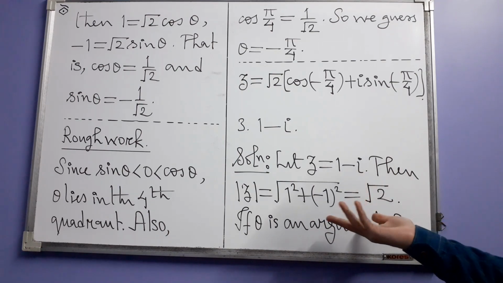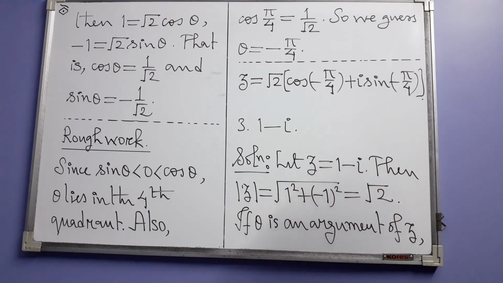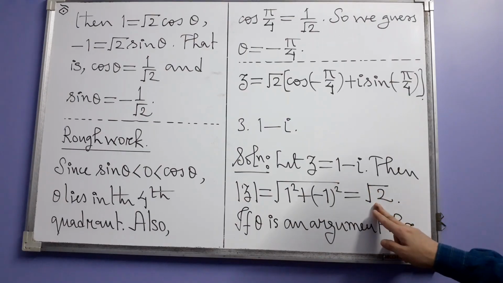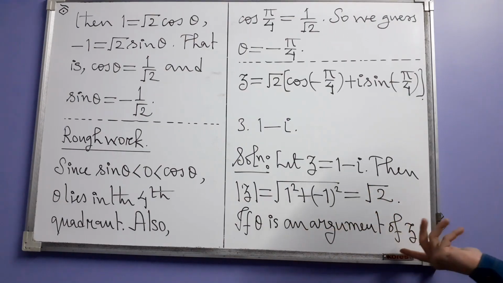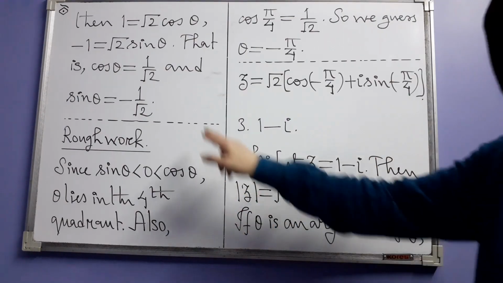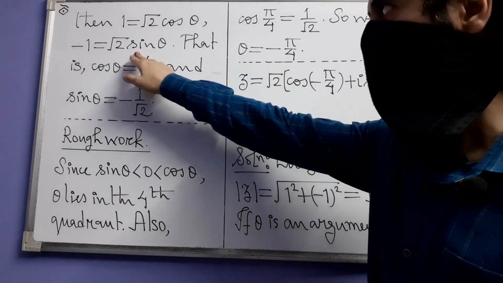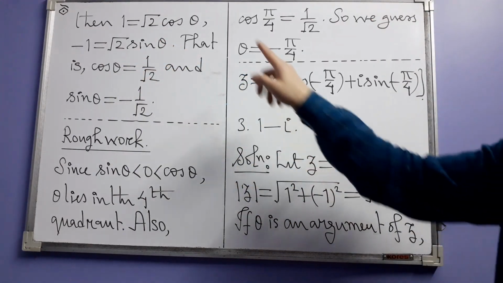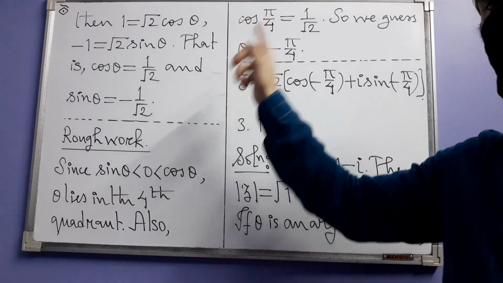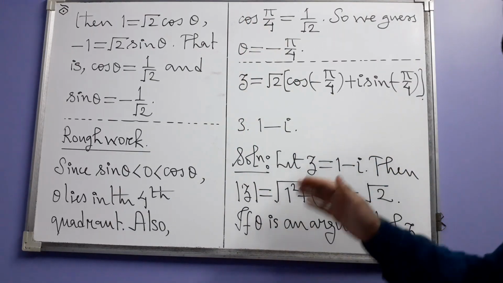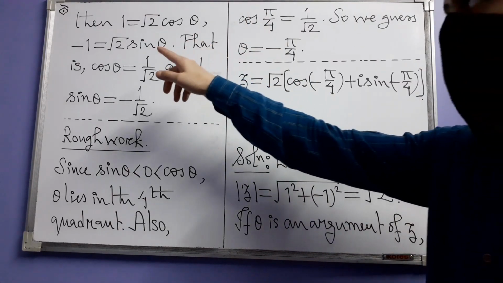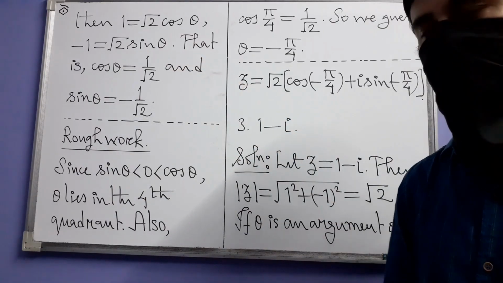Then, same procedure, you first find the modulus, which in this case is square root of 2, and let theta be an argument of z. So from that you get these two equations. The real part, which is 1, equals modulus times cos theta, and the imaginary part, minus 1, equals root 2 sin theta.